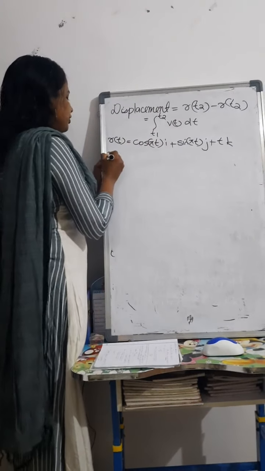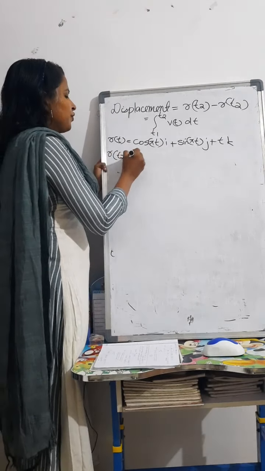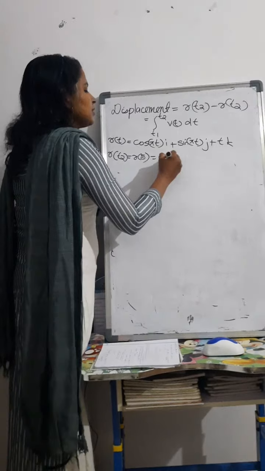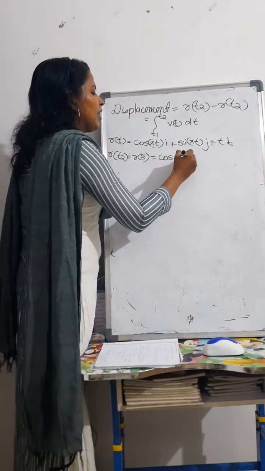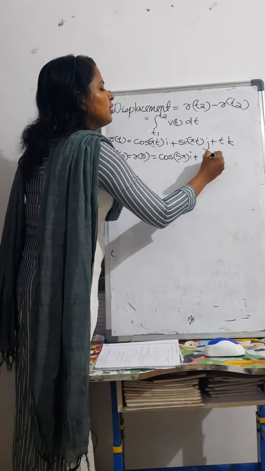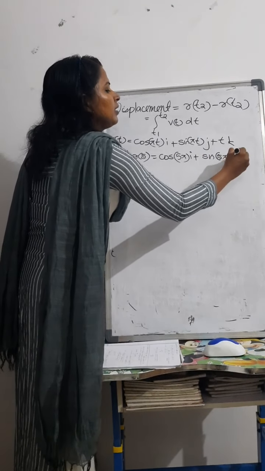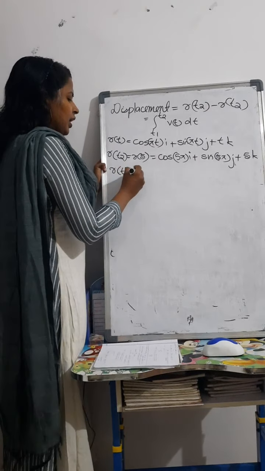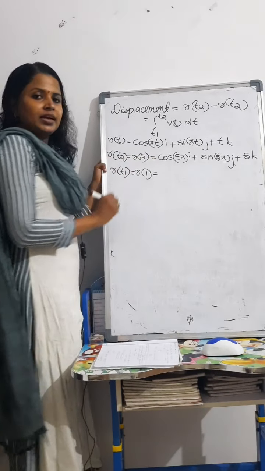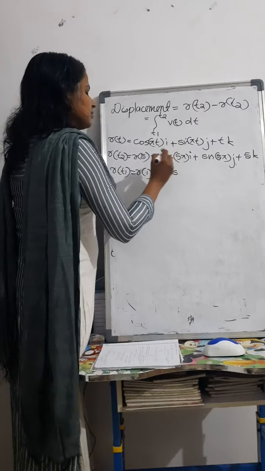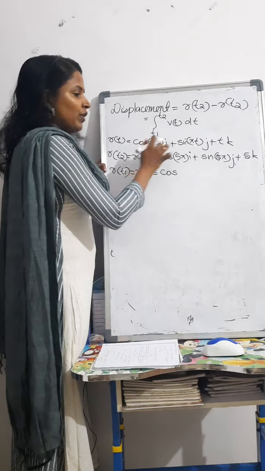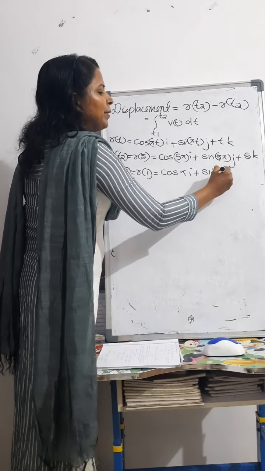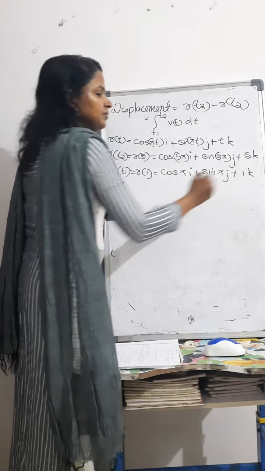Then first we write r of t2. R of t2 means r of 5, that is put t equal to 5: cos 5 pi i plus sin 5 pi j plus 5k. Then r of t1 is r of 1, that is cos pi i plus sin pi j plus 1k.